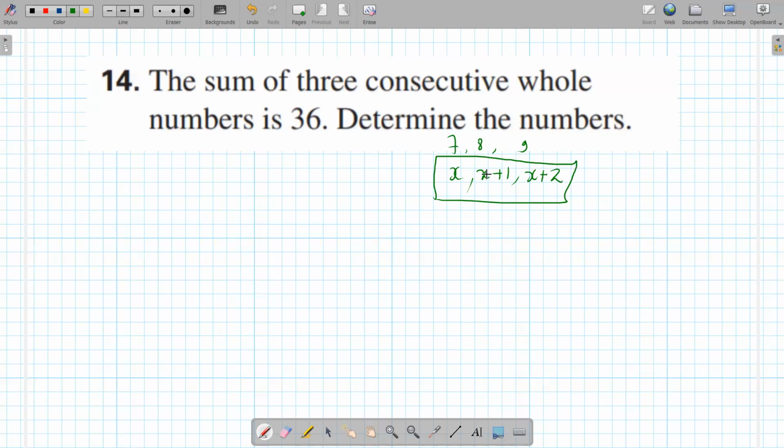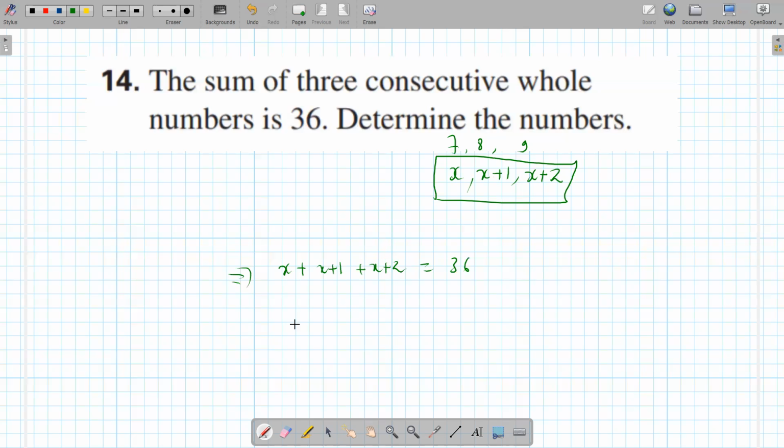And it says the sum of all these is 36. So what's our equation? In terms of x, you would add all three of these, okay? You'd add x plus x plus 1 plus x plus 2 equals 36.